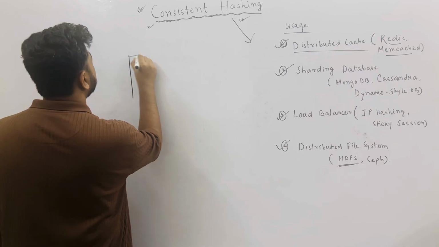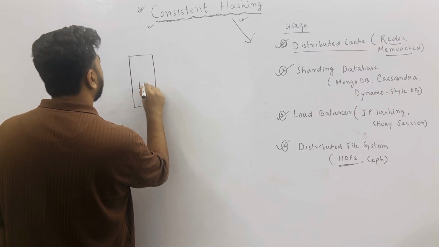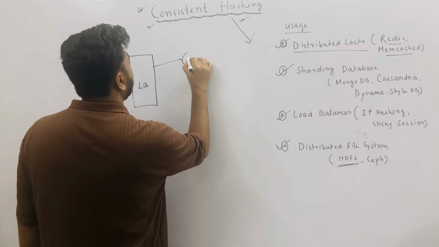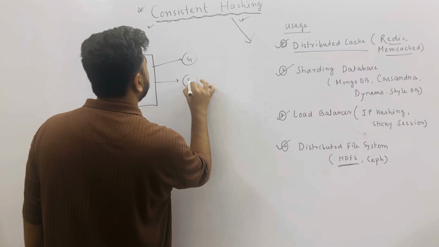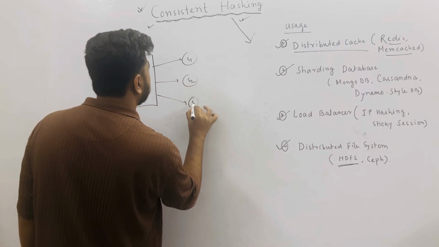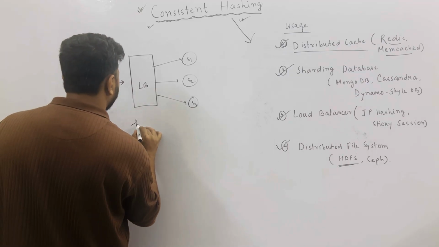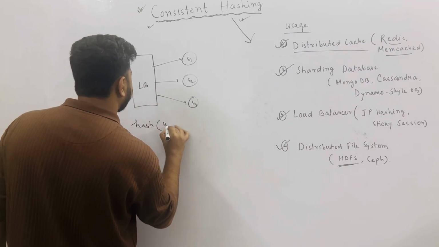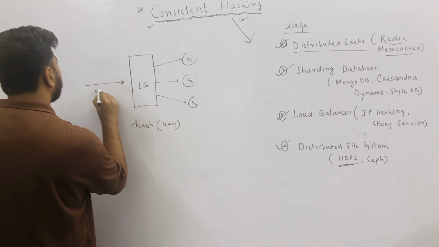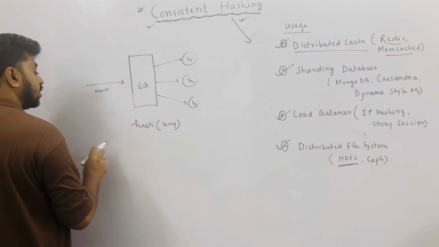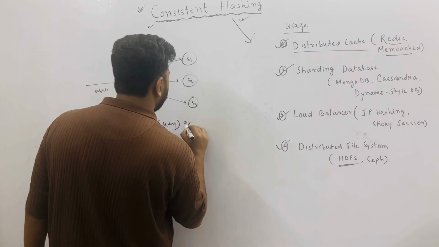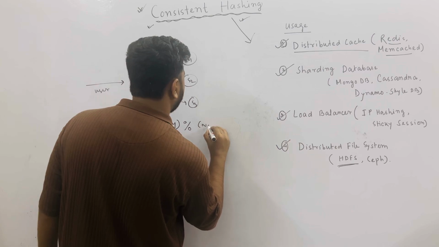I'll take 2 minutes to draw the picture and help you understand what traditional hashing is, just for revision. Earlier, whenever a user request came in, we hashed the user key and took the mod of the number of servers.